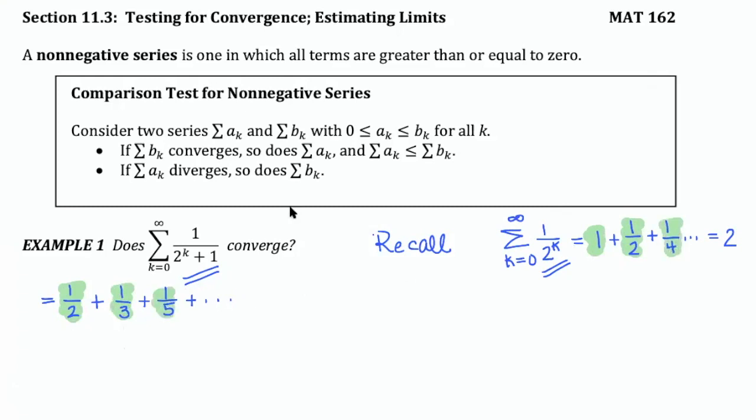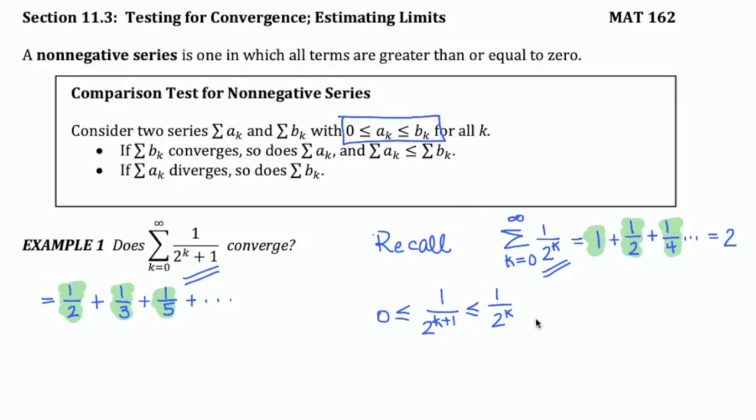So what this establishes for us is that, in fact, this series that we've already proven the convergence of is larger than the one that we're looking at right now, and that our terms are all positive or equal to 0. And now we have satisfied this condition of the comparison test.